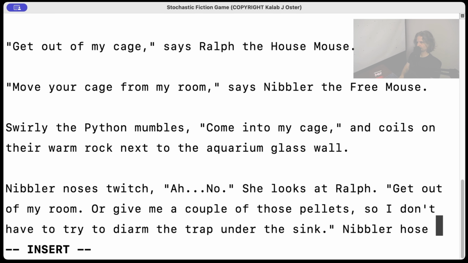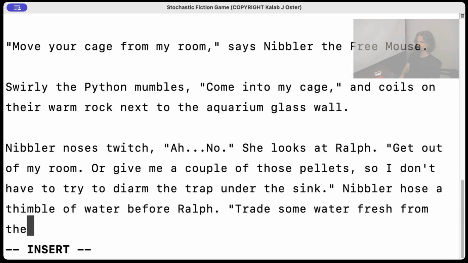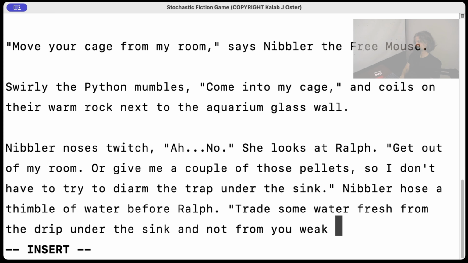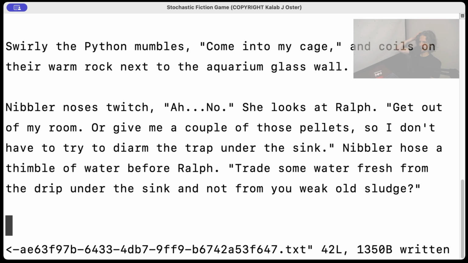Nibbler holds a thimble. Excuse me. What's the moral lesson? I don't know. Make one up.